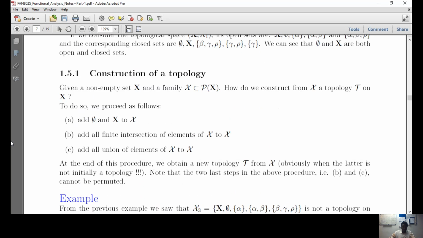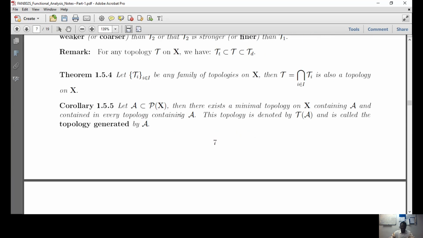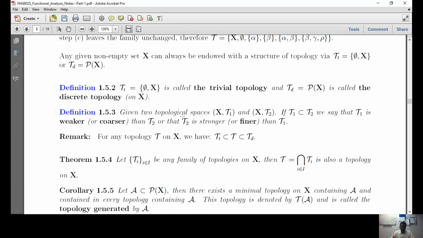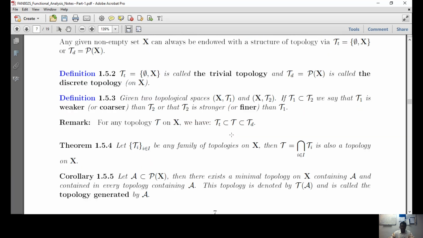From the definition you can see here, given a non-empty set X, a family that is a subset of the power set. So it is always a subset there. So for any topology, that topology will be sandwiched between the trivial topology and the discrete topology. And that's exactly what we have here. So that's a good remark.